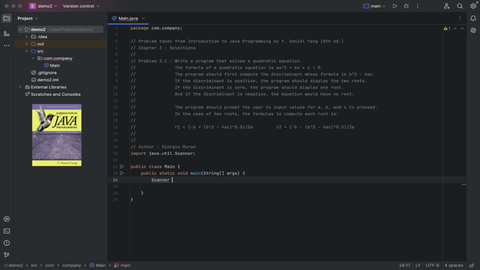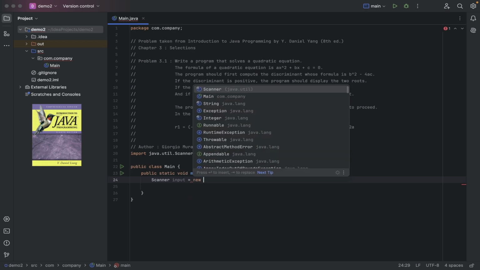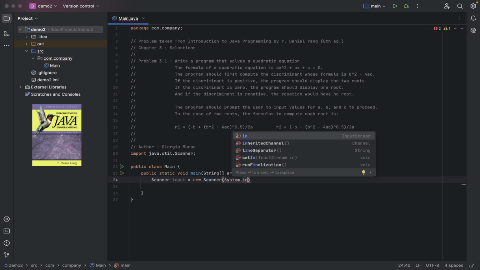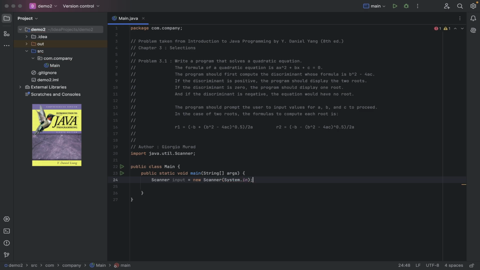So Scanner, name my variable as input equal new Scanner(System.in). Commented as scanner reference to gather user input.